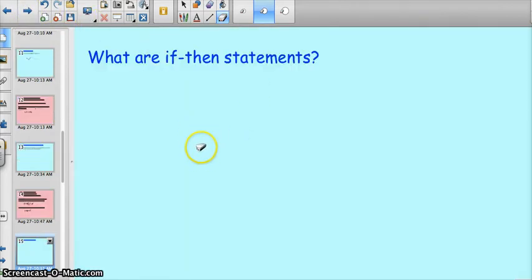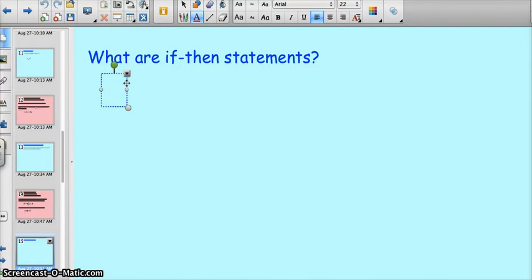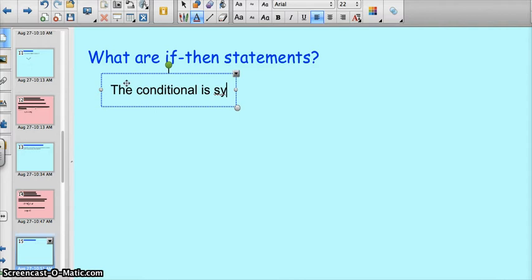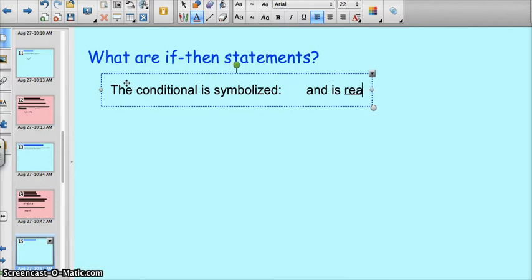All right, last part of this piece is the if-then statements. When we talk about the if-then statements, they are known as the conditional. So the conditional is symbolized, in a second I'll get you that symbol, and is read if, then.